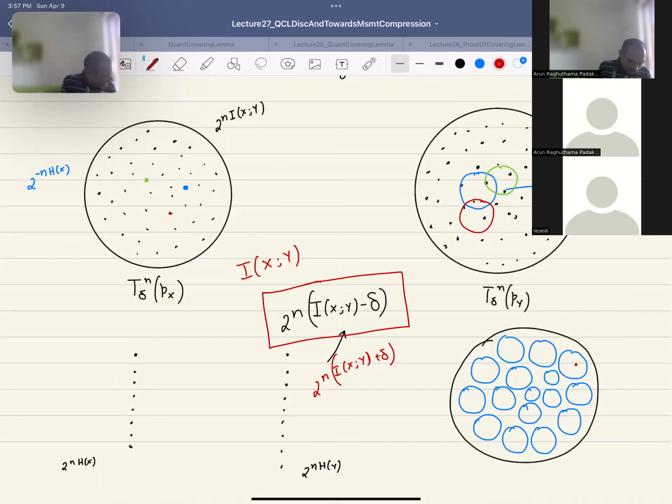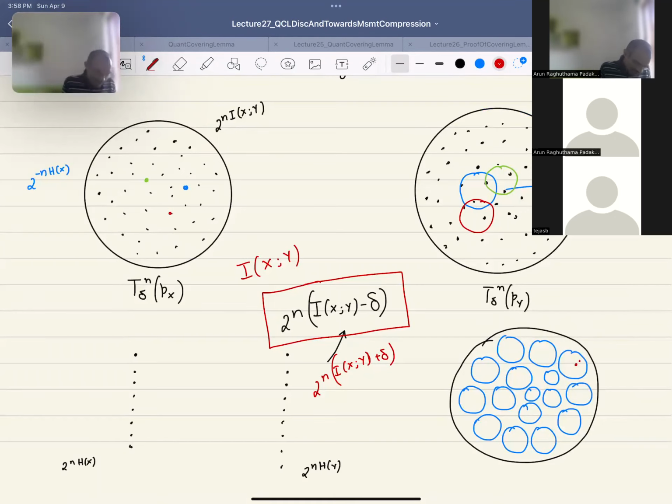If you keep waiting for your yn sequences, and you are in this ball, you will end up in this ball. But the moment you go above I of x colon y, you're completely randomly distributed. That memory is lost, and it's as though you're just picking from py.